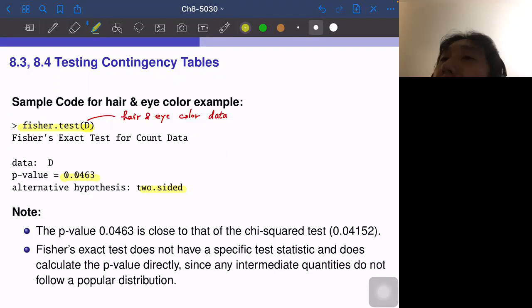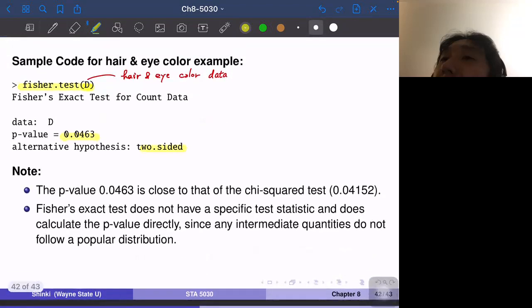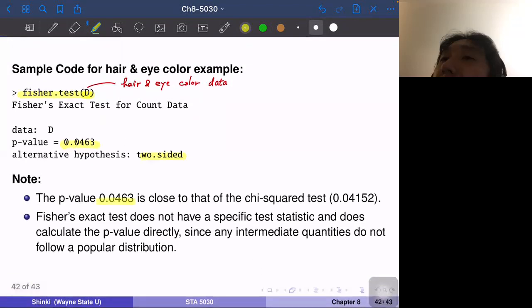And this is similar to the chi-square test. The obtained p-value is 0.0463, and this is close to the chi-square test. So even though the chi-square approximation is claimed not to be good for a small table, mostly we can get the same number.